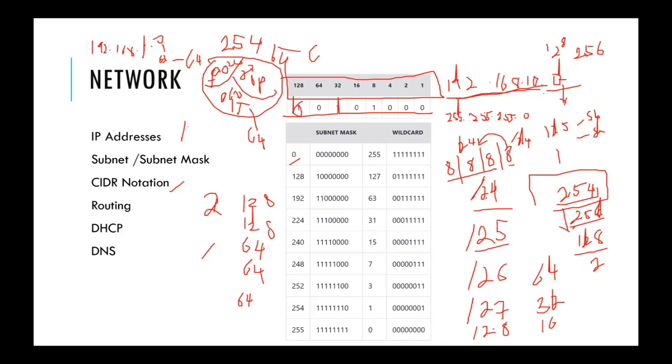So the next block will be 192.168.1.64, and this guy will end at 127. And the third guy will now start at 192.168.1.128 and stop at, I believe, 191.